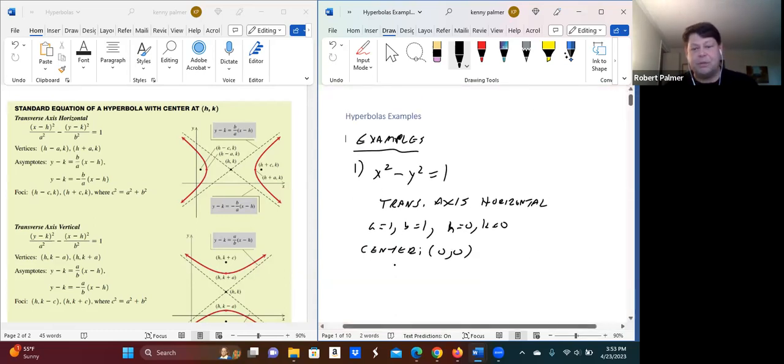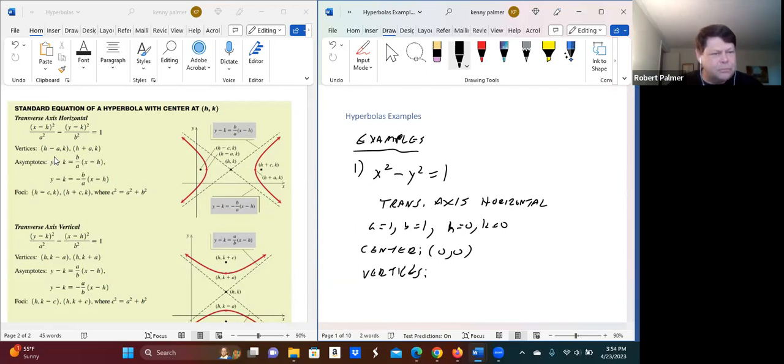Now we can also find our vertices. The vertices, it says, are h minus a and k.